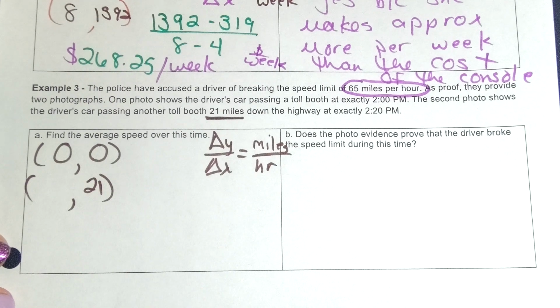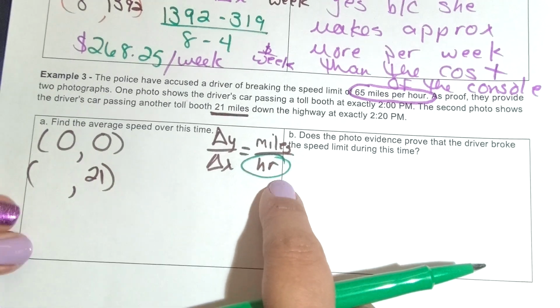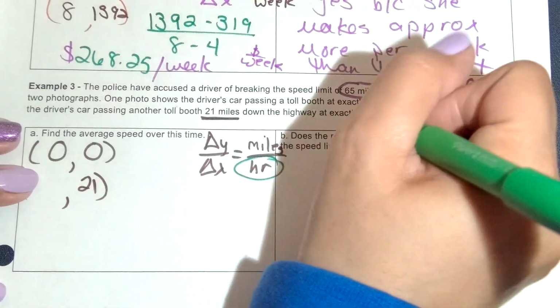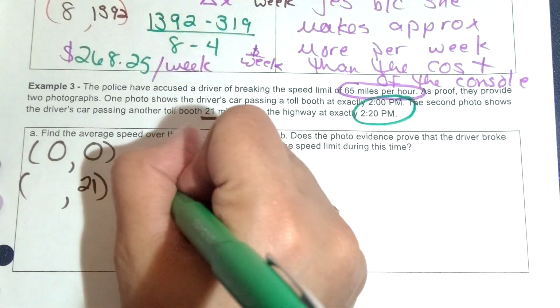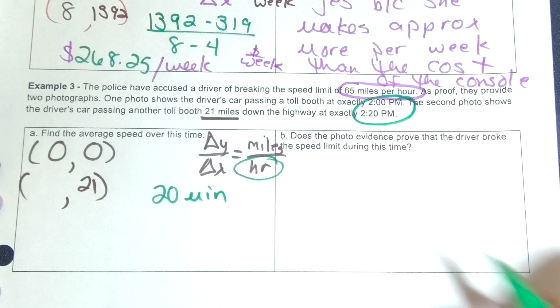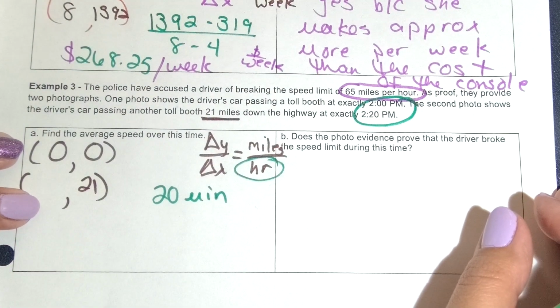What do we need? Time. Time is measured in hours here, right? How much time has passed between 2 and 2:20 p.m.? 20 minutes. But we need it in what? Hours. No. Keep it as a fraction.